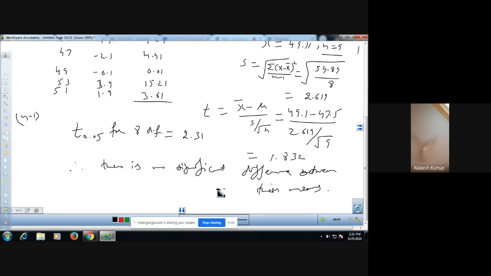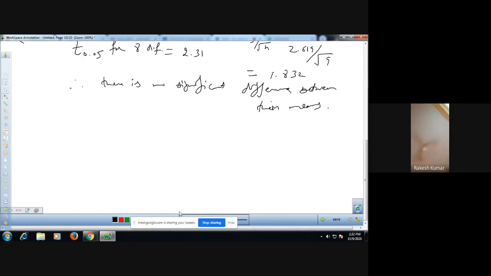Now this is the t-test for a single sample. Next, we shall apply the t-test for two samples. The two samples will be small samples. For this, we shall have a question. The two samples have been given. It is given that the sample size of the first is 8 and the sample size of the second is 7.